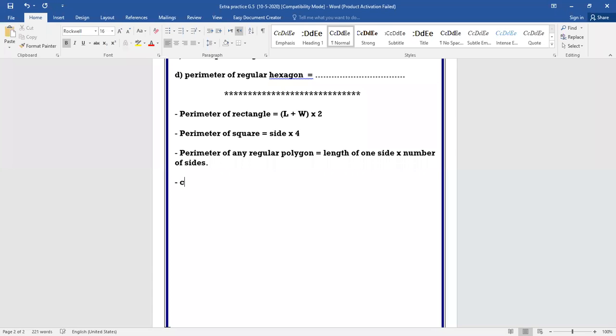Circumference of a circle, as we said before, we have two formulas.